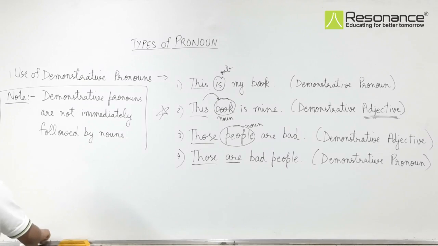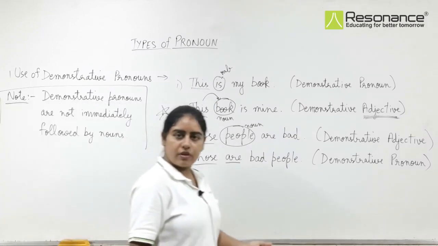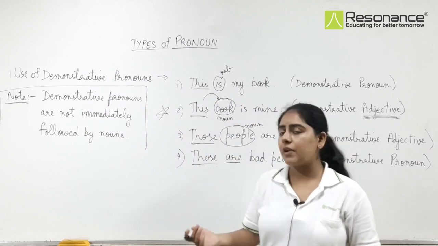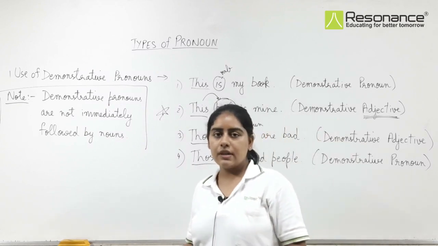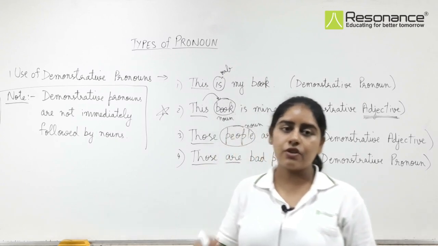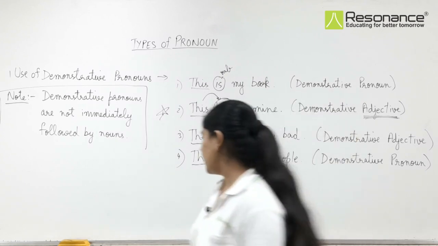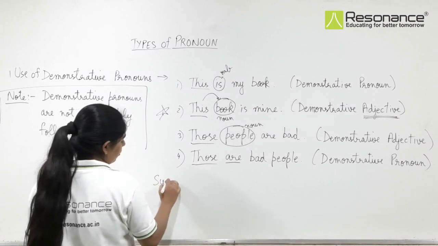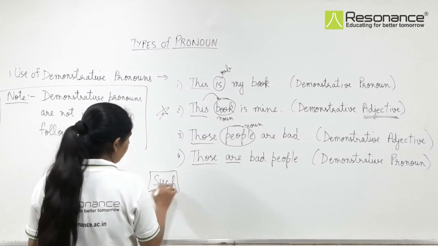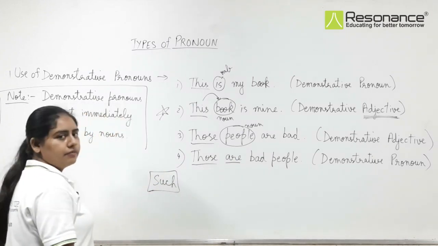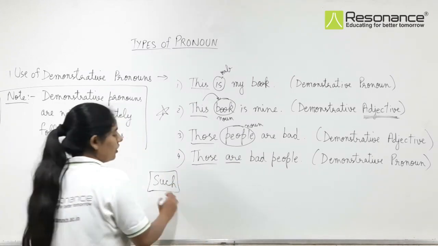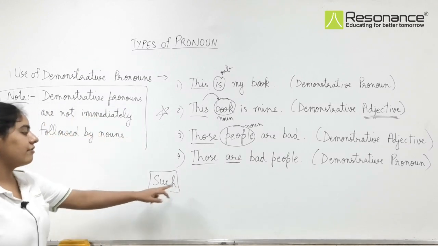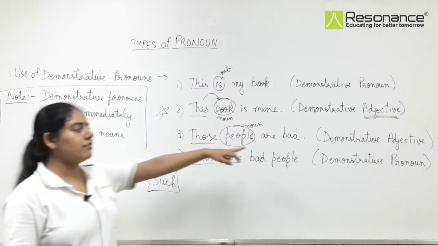So that is it. Okay, is there any other demonstrative pronoun? Can we use any other demonstrative pronoun apart from this, that, these, those? Is there any other word that we can use to point out at something? Yes. One such example of demonstrative pronoun can be such. Such को हम use कर सकते हैं demonstrative pronoun की तरह. कैसे? इसके we cannot use a noun immediately after that, because just now I told you if a noun comes immediately after demonstrative word, then it becomes a demonstrative adjective.